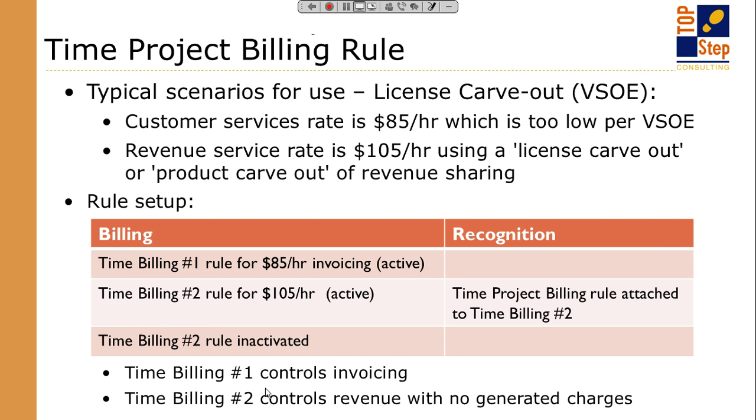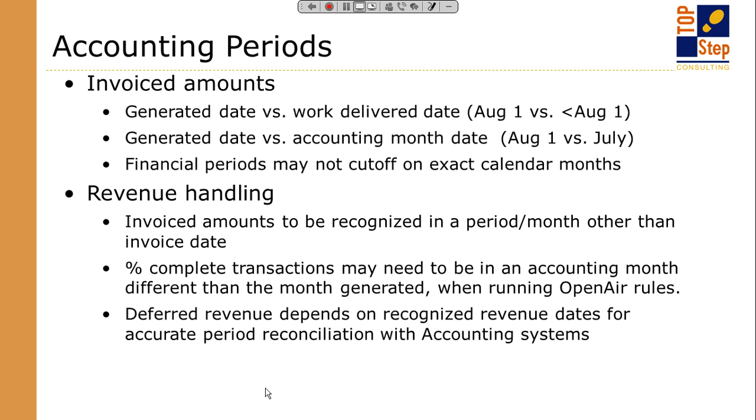Now, accounting periods are used quite often. I find accounting periods very useful on revenue because you may be recognizing revenue in a certain period, so you want to associate a certain period to every single revenue transaction in the system, versus invoicing, which may have an invoicing date of August 1st for July work, but all of that revenue is July, so you use accounting periods in the system.